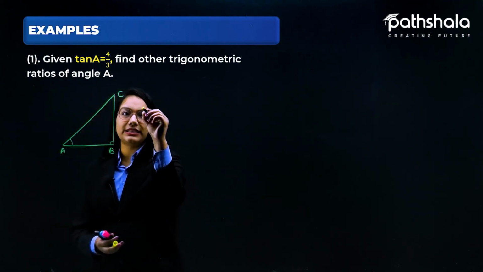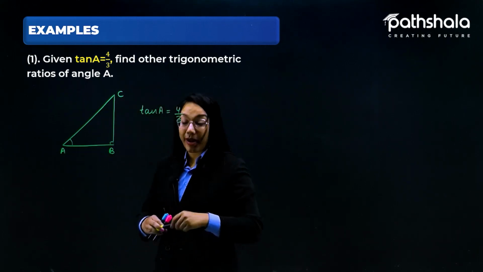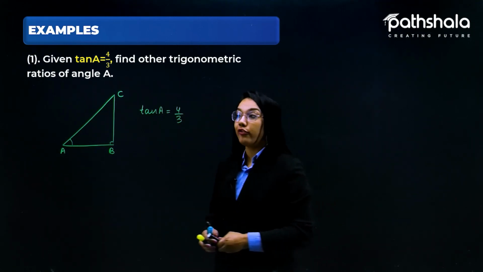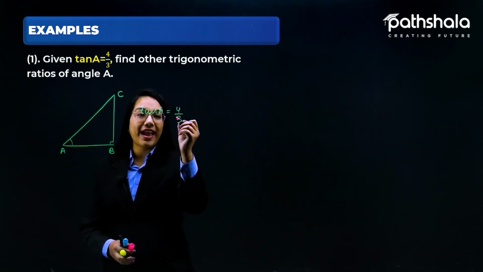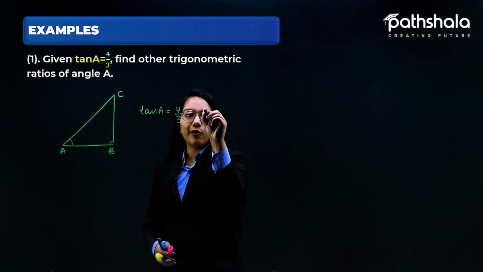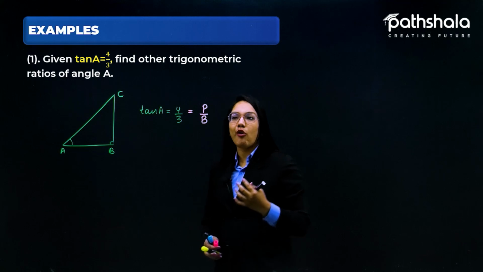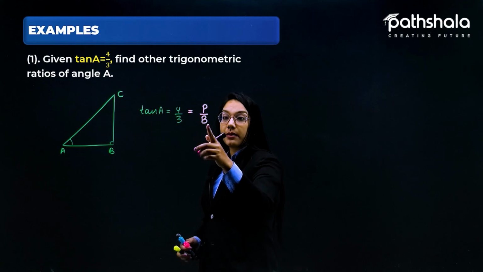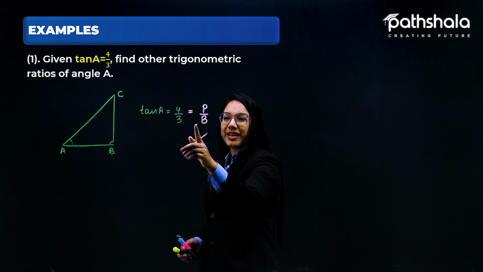So it says that tan of A is 4/3, and we all remember a relationship between the lengths of this right triangle: tan of A is the relationship of the perpendicular and the base, that is P by B. So we can see over here that the perpendicular is 4 and the base is 3.